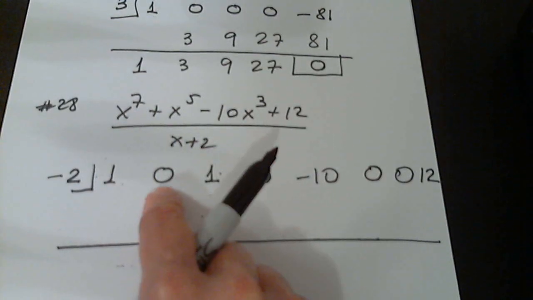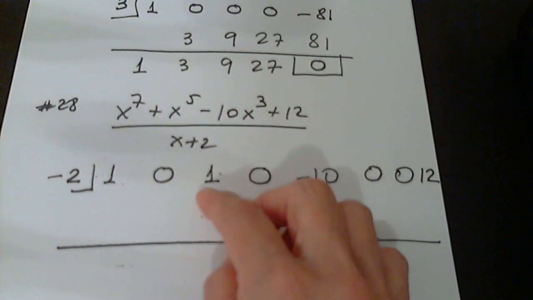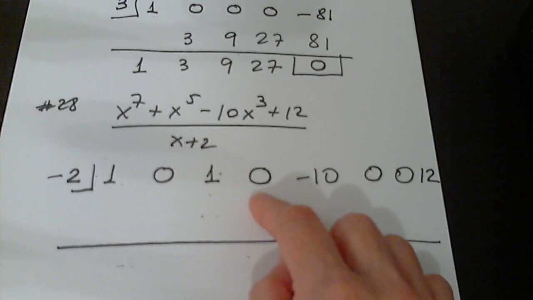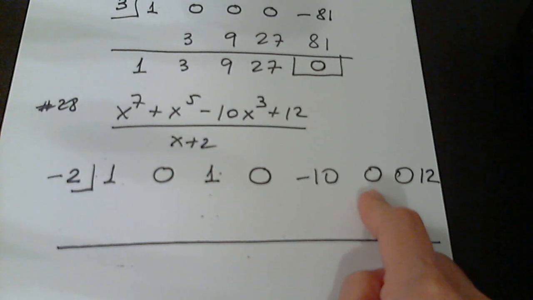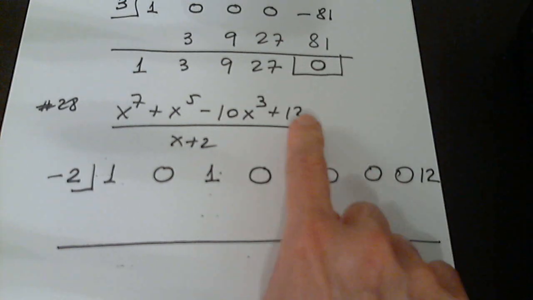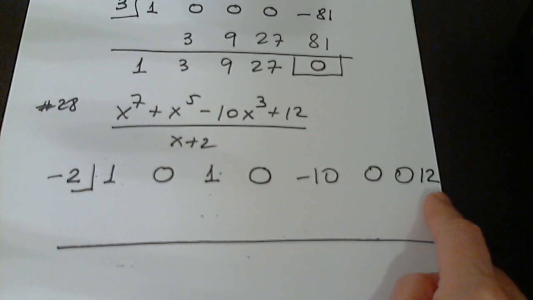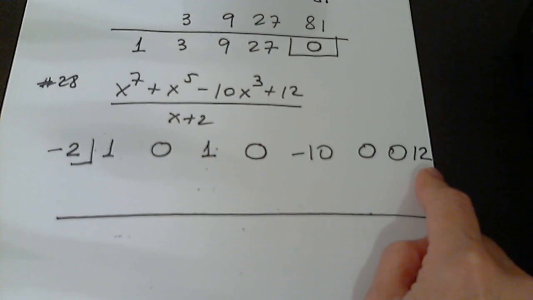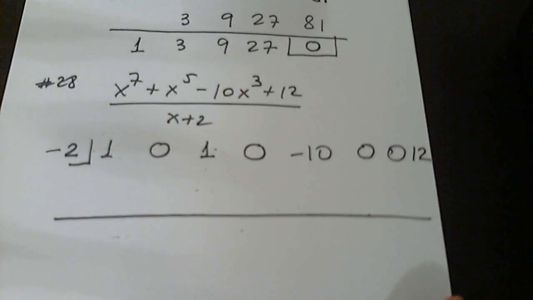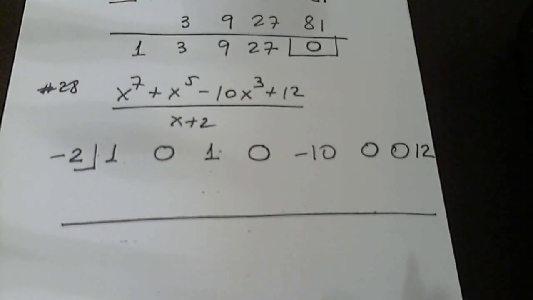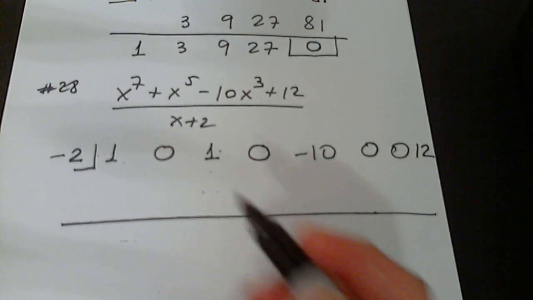Degree 7, degree 6 is missing. Degree 5 is there, but degree 4 is missing. Degree 3 is there, but degree 2 is missing, and degree 1 is missing, and this is the free term. Of course, this is extensive, right? You're not going to have something like this on the test, but it's a good exercise.